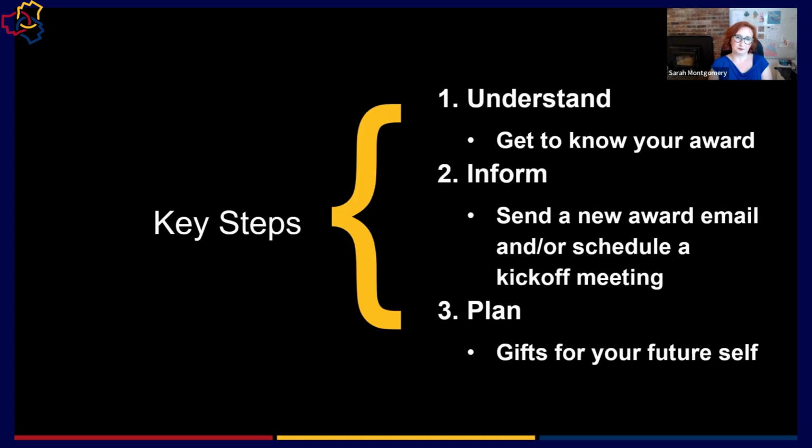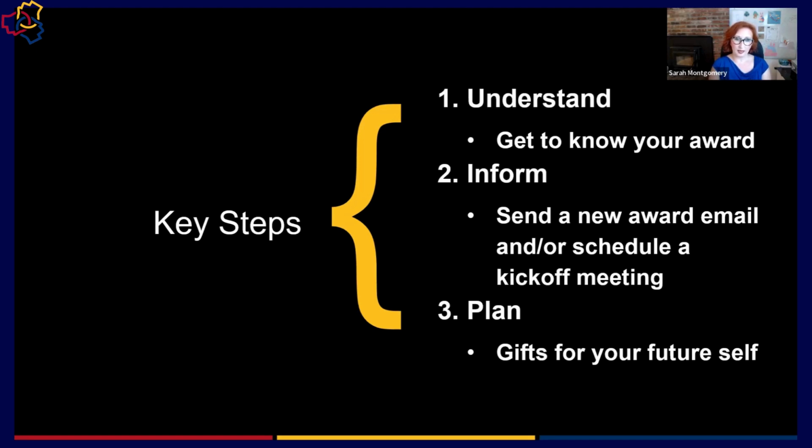Next, please. So to recap, here are the key steps for success with your new award. Number one, understand. Get to know your award. Read through the award notice, scope of work, budget justification, and compare all of those with your institution's systems of record. Number two, inform with a kickoff email and or meeting.